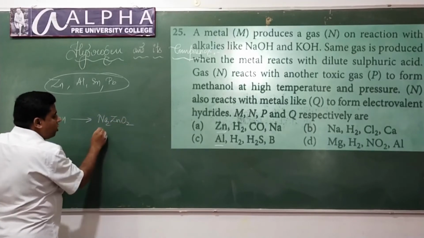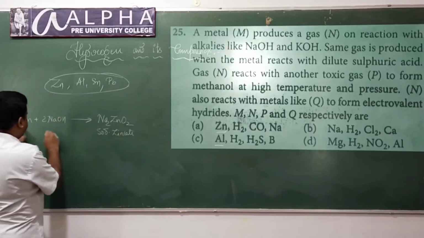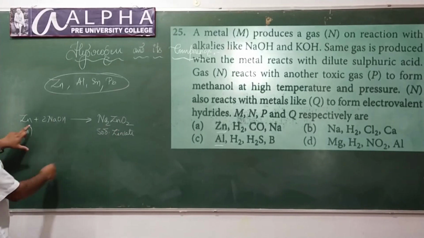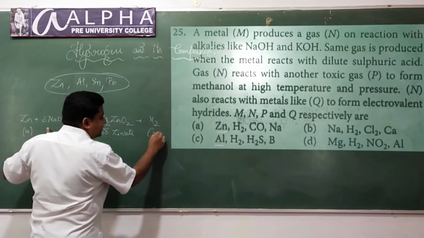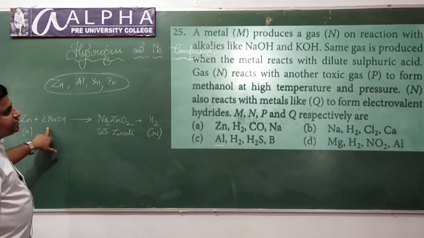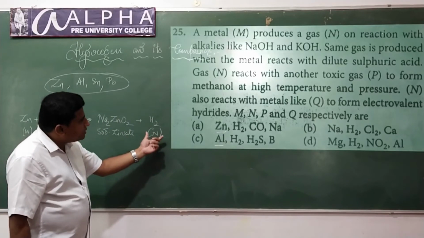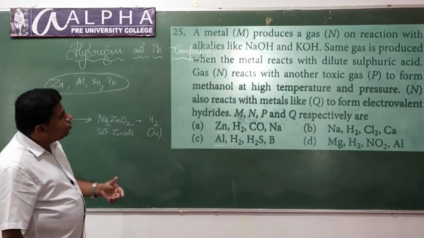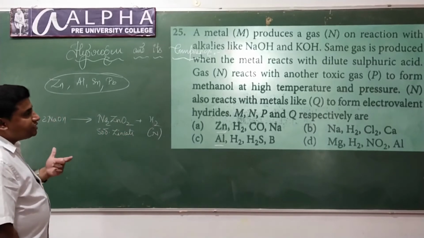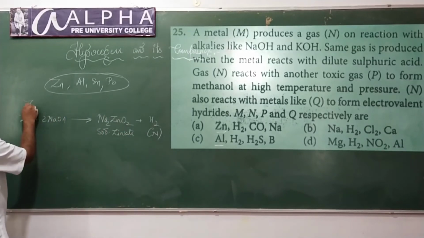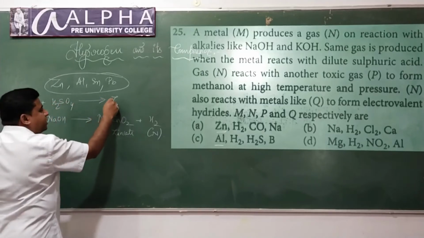Here the metal is taken as M and it liberates hydrogen gas, so hydrogen gas is taken as N. The same gas N is produced when the metal reacts with dilute sulfuric acid H2SO4. What will it give?